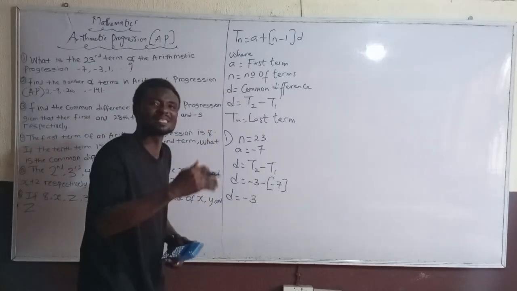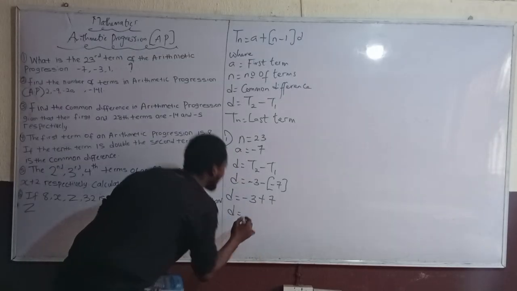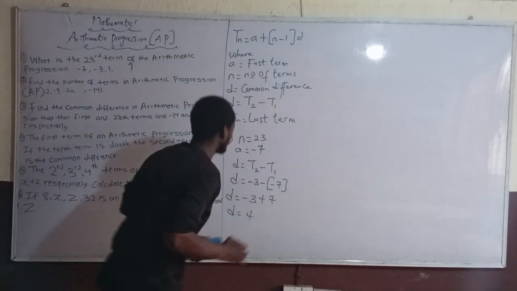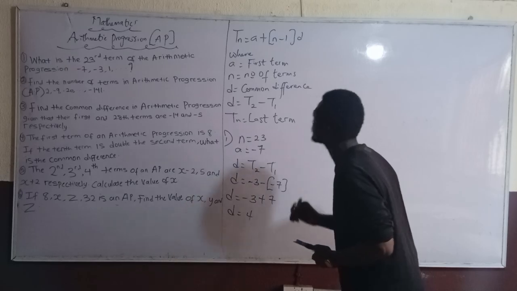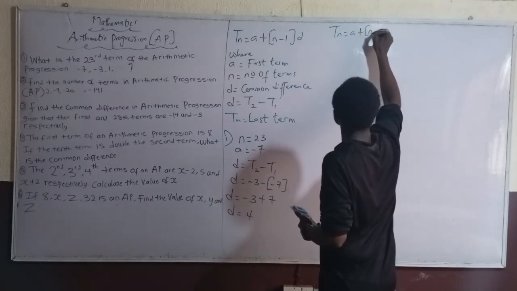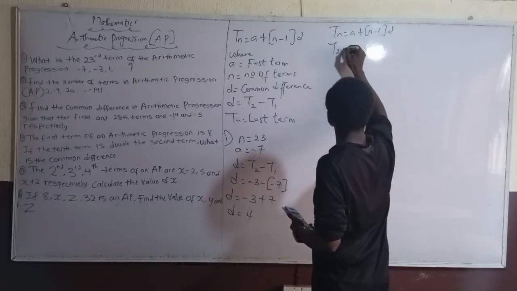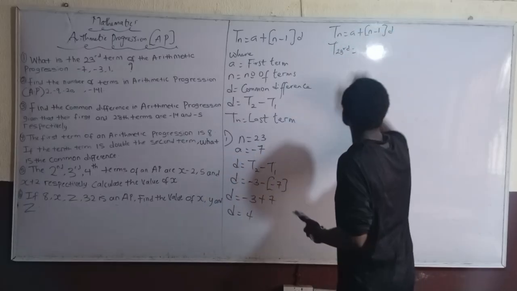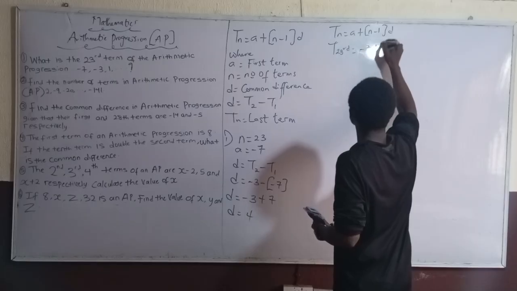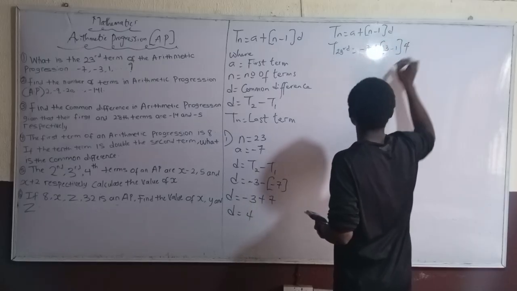Now, minus times minus is plus. So common difference is minus 3 plus 7, 4. So I can solve my question. Tn is A plus (n minus 1)d. So T23, my A is minus 7 plus (23 minus 1) times 4.